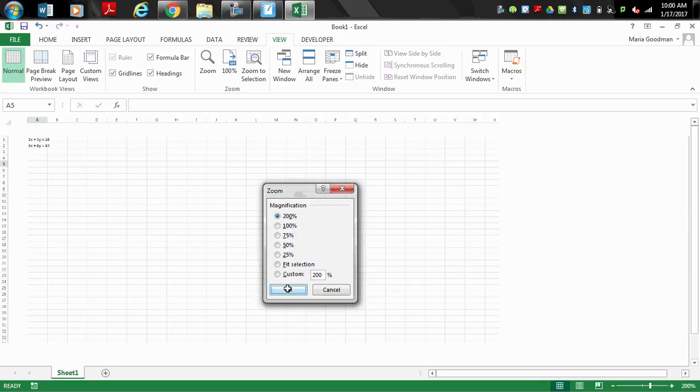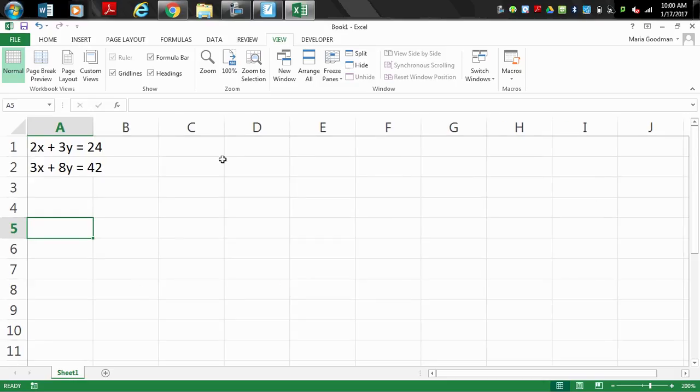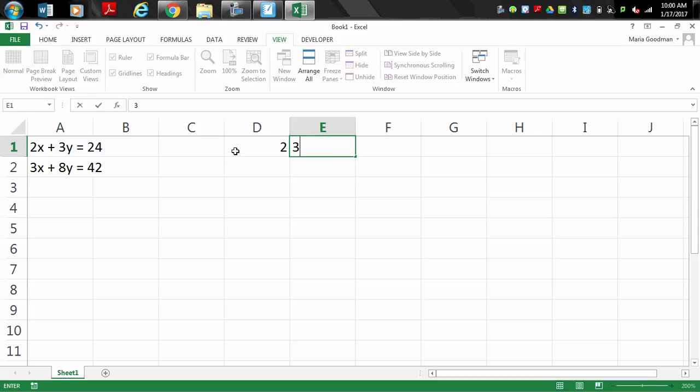All right, so step 1, I look at my numbers in front of the variables. I have a 2 and a 3. Then I have a 3 and a 8. So that's matrix A.